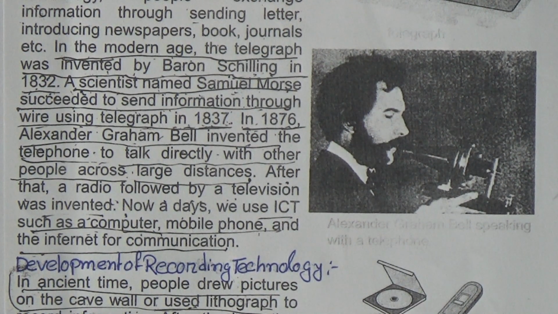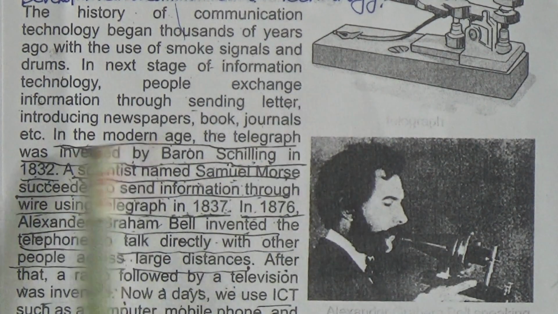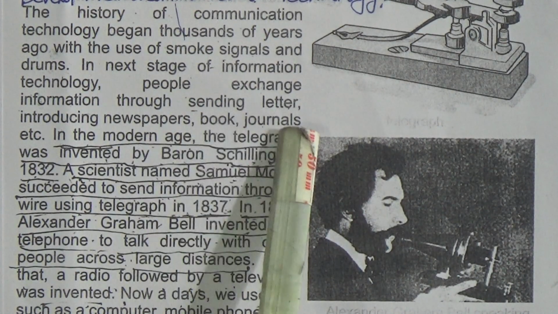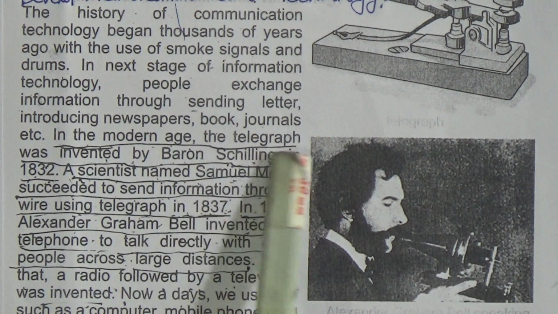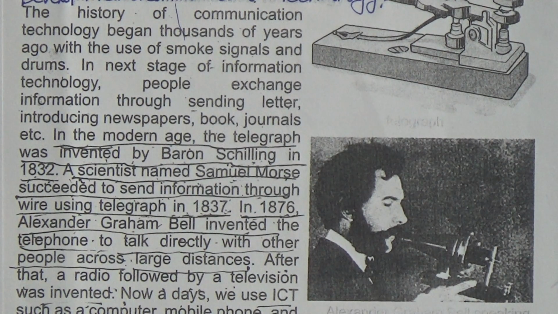When the sound goes to far places, then the people who live in far places think that we need to collect the message from the place where the drum is beating. In the next stage of information technology, people exchange information through sending letters, introducing newspapers, books, journals, etc. After ancient time, people used letters.